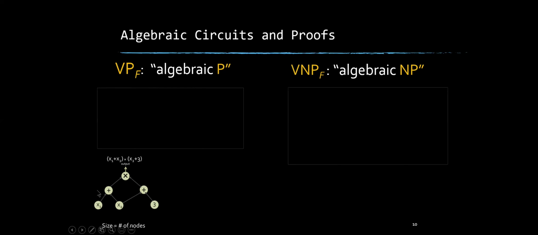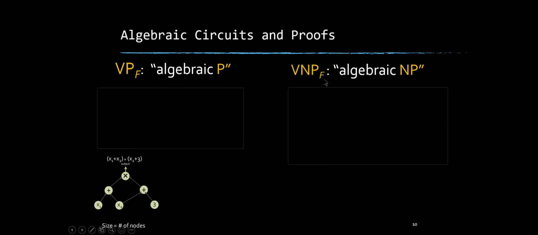And here is a depiction of an algebraic circuit. It's the same concept as Boolean circuits, only that we consider it over a field and the gates are not logical, but algebraic, plus and times, and at the output you compute some polynomial. So the algebraic version of P is VP over some fixed field F, and it is more or less the class of efficiently computable polynomials.